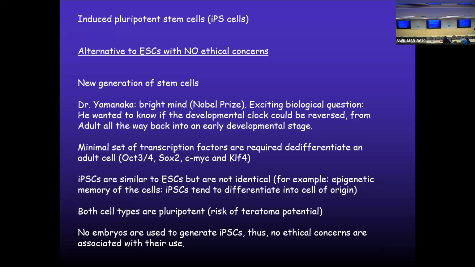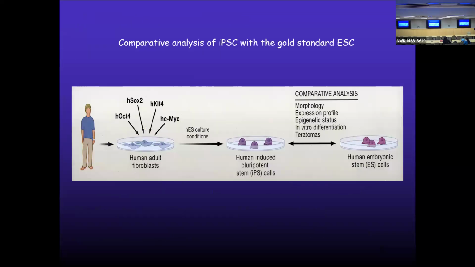So that's about iPSCs. These are the ESCs, the gold standard, and these are the iPSCs that are being made out of fibroblasts with the Yamanaka factors and ESC conditions. And then once you have the iPSCs, that they are very similar, but they are not identical to the embryonic stem cells, you have to compare side by side with the gold standard to say, okay, do they do this?